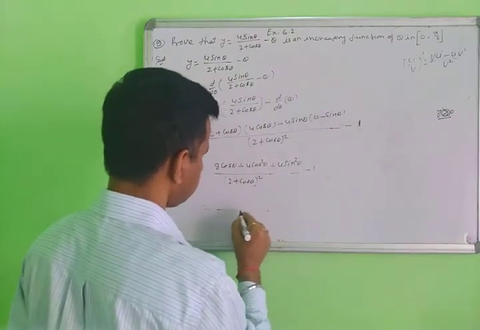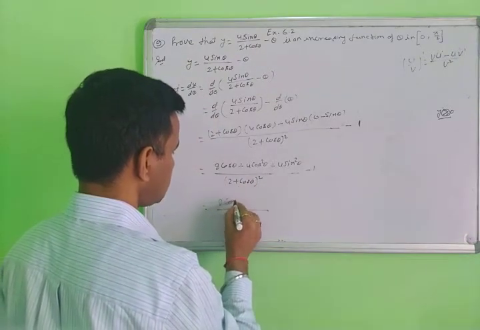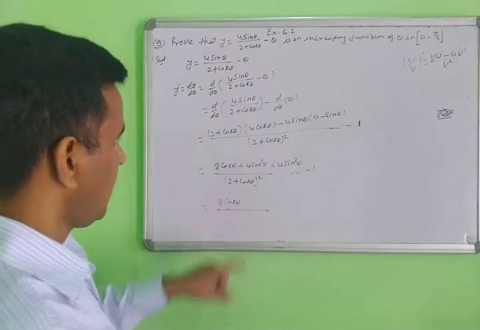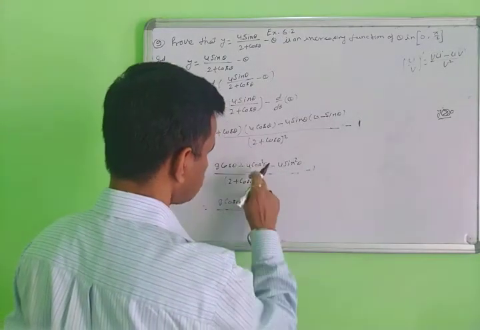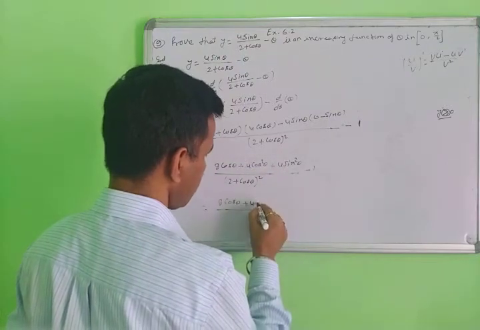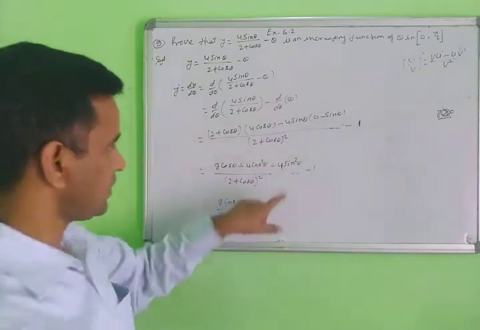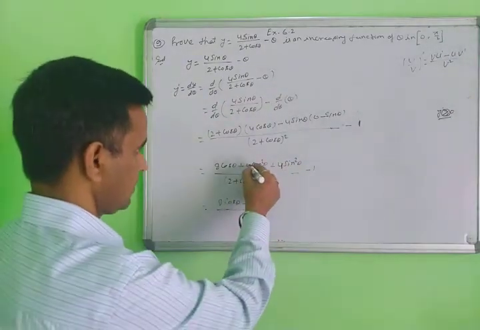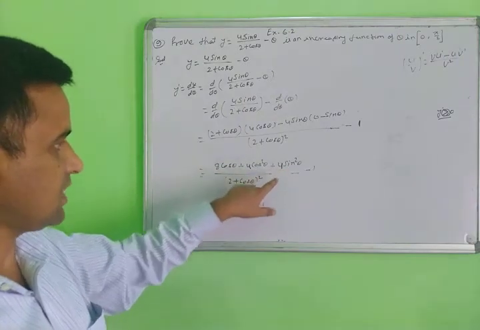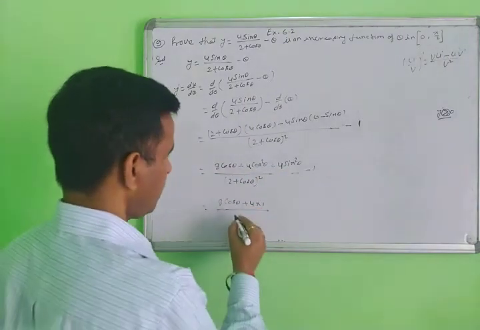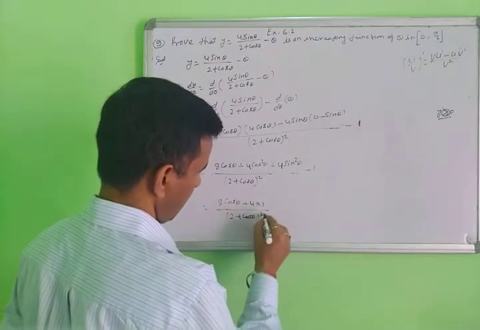Again calculate: 8 cos theta written the same, and taking 4 common, plus 4 times sin square theta plus cos square theta. When you take 4 common, what is left is sin square theta plus cos square theta, the value of which is 1, and 2 plus cos theta whole square minus 1.